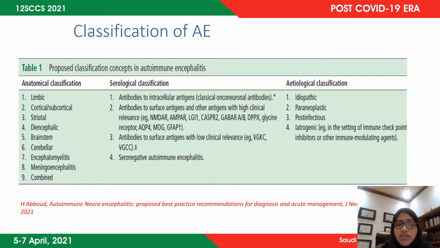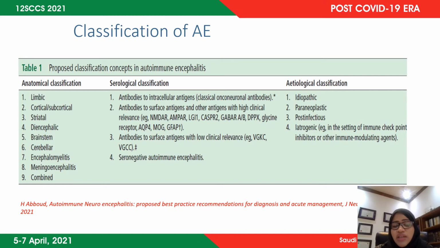So regarding classification for autoimmune encephalitis, there are different classification modalities. Some use anatomical classification, which depends on the site of involvement, whether we have limbic or cortical structures, basal ganglia, brainstem, or cerebellar.